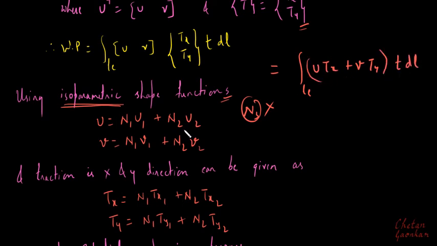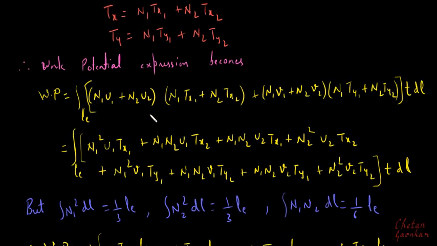So if I substitute here for u, for Tx, similarly for v and for Ty, I will get this. And then I will have to multiply these terms with each other. First I have multiplied this term with this term, then this term with this term, then this with this, and I get up to here. Then coming to this, I have multiplied this term with this term, then this term with this term, and then again this term with this term. So finally I get this.